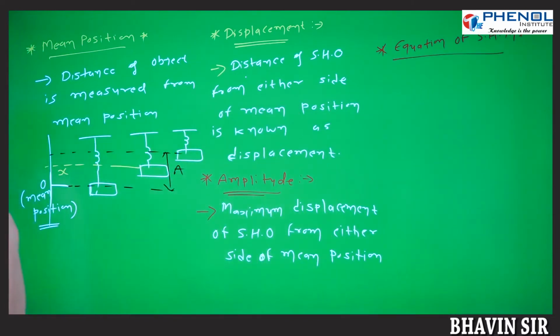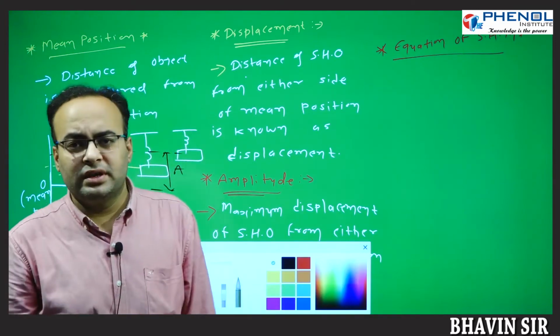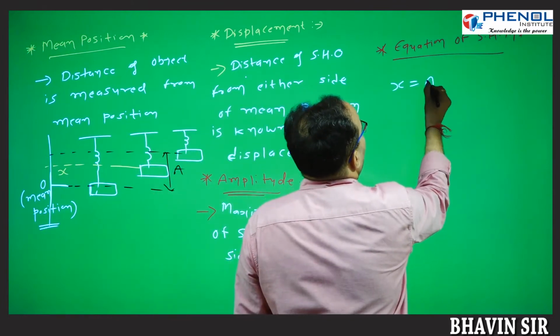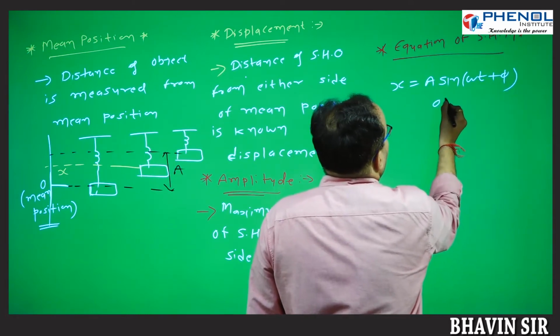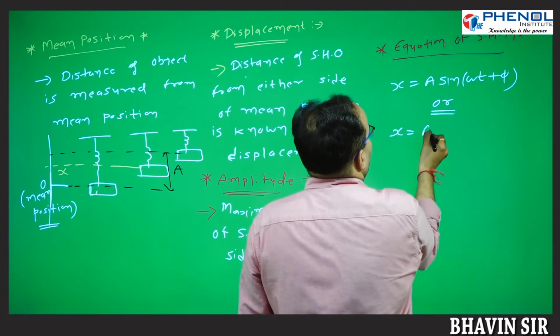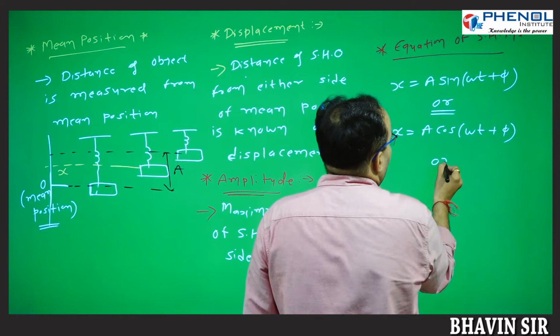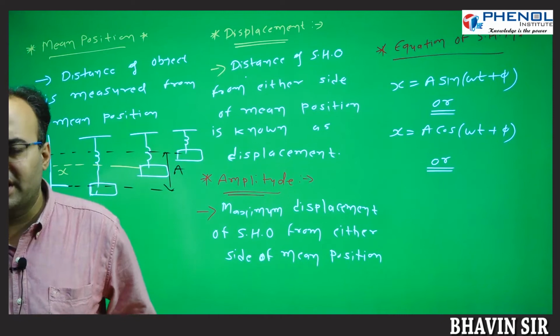Generally three equations of SHM: x equals a sin(omega t plus phi), a cos(omega t plus phi), or we can write both a sin plus cos, એને પણ SHM કહેવાય.